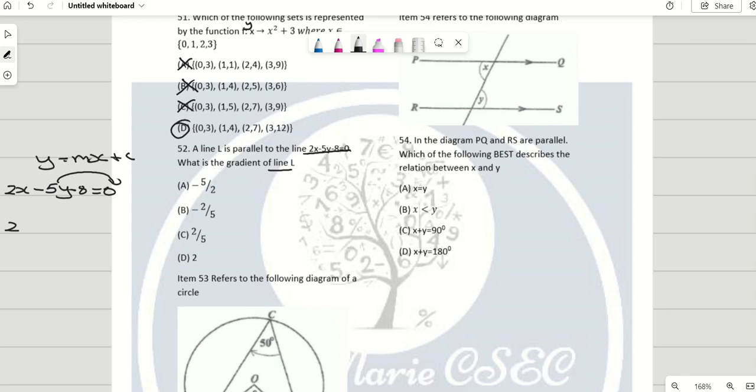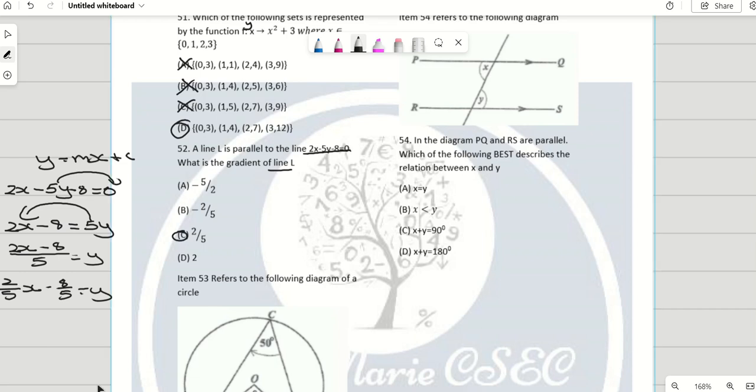So we get 2x minus 8 is equal to 5y. We want y by itself, so you carry across, divide by 5, so you get 2x minus 8, all divided by 5 is equal to y, which is 2 over 5x minus 8 over 5 is equal to y. So the coefficient of x is 2 over 5, which is C, so C is your answer.